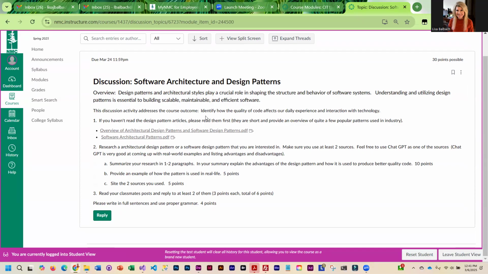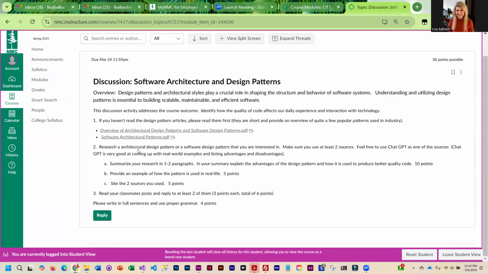Part of identifying quality code is knowing what these patterns are and recognizing them. So those two readings that I just referred to, I put in here as well, because it is important that you read them or you are going to have a really rough time trying to complete this discussion.